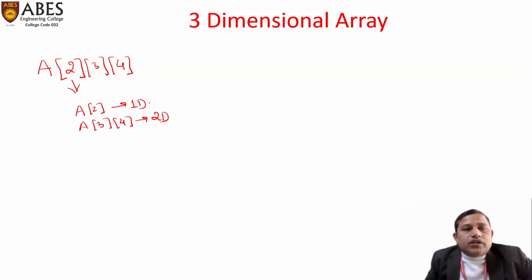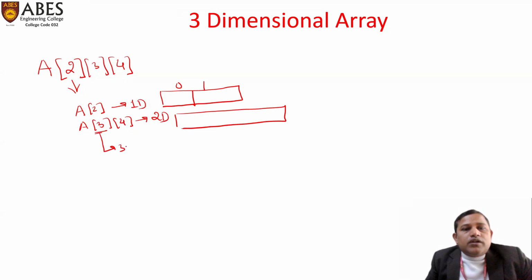If you represent this in memory, there are three one-dimensional arrays and each one-dimensional array has four elements. Similarly, we can represent the three-dimensional array.